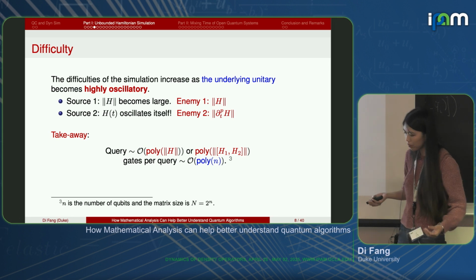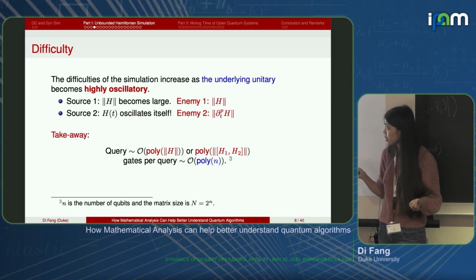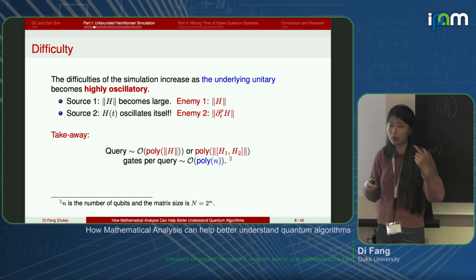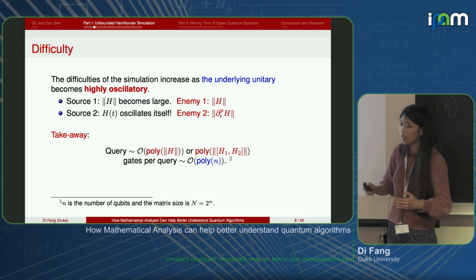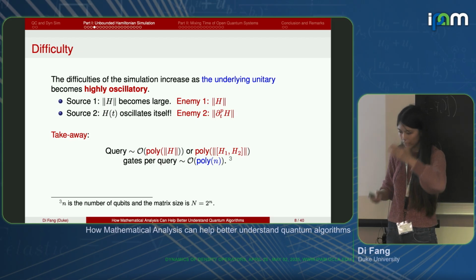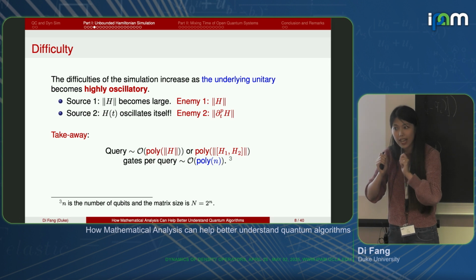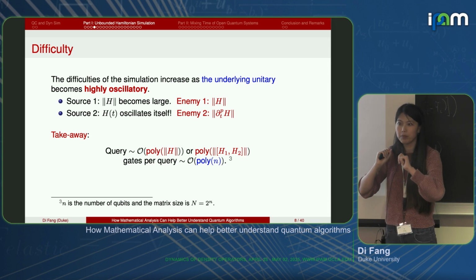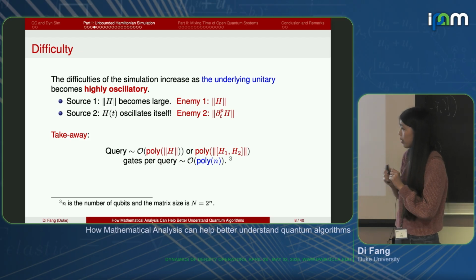However, if you design your circuits carefully and well enough, the gates per query will be poly n, where n is the log dimension of the original Hilbert space. So 2 to the n is capital N. Throughout my talk, I'm going to use capital N for the size of the Hilbert space, and little n is the number of qubits, the number of bodies, however you like to call it. Poly little n is what I want to get.